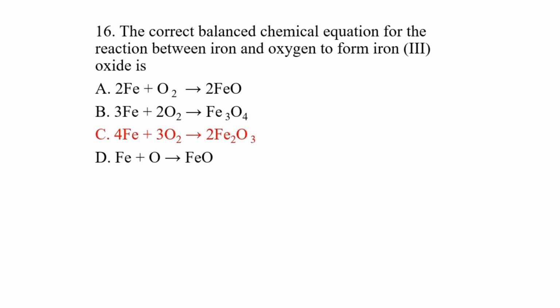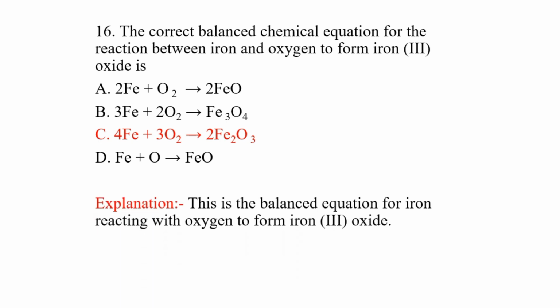The answer is 4Fe plus 3O2 gives 2Fe2O3. This is the balanced equation for iron reacting with oxygen to form iron 3 oxide.